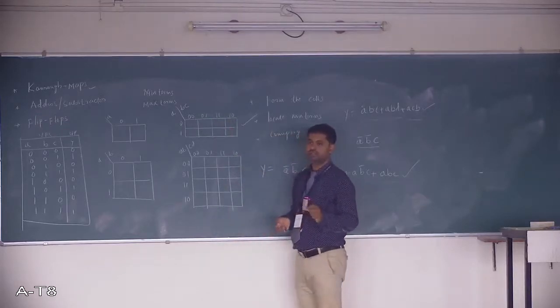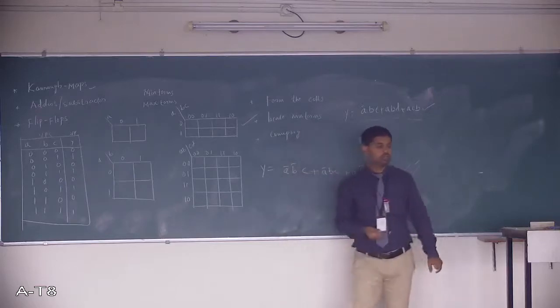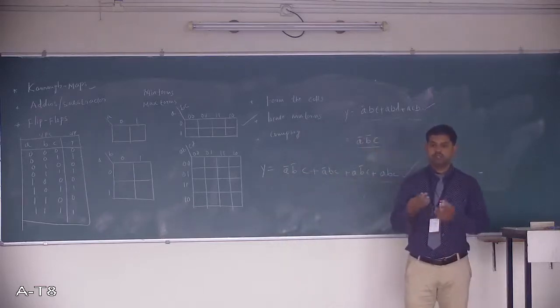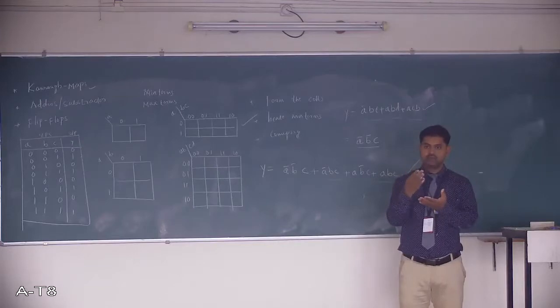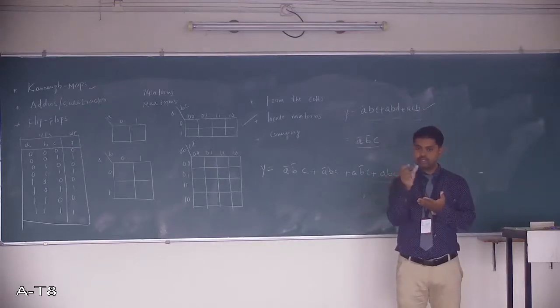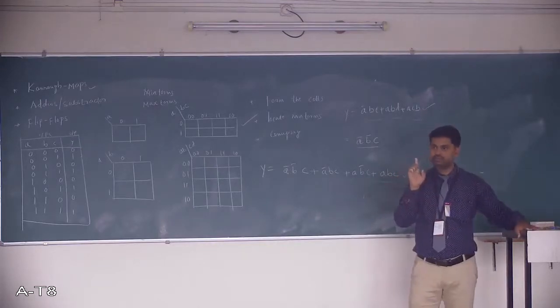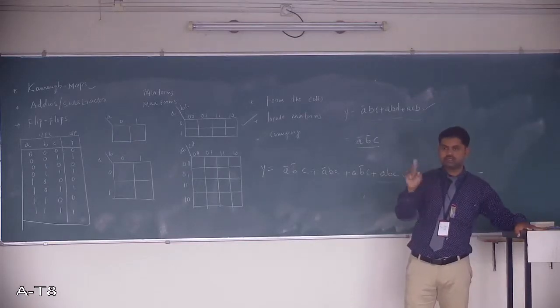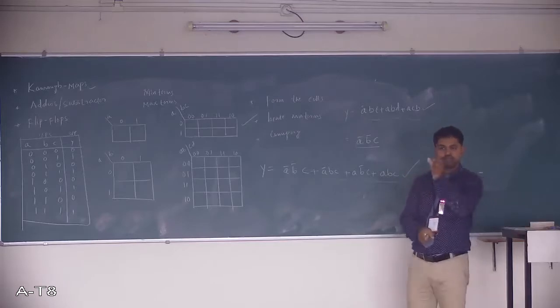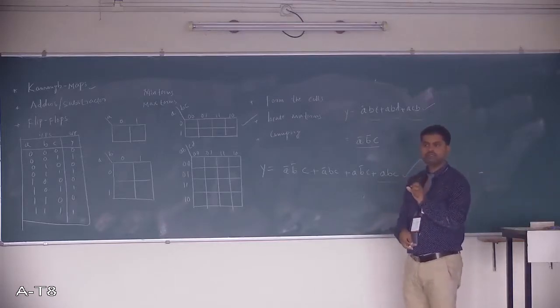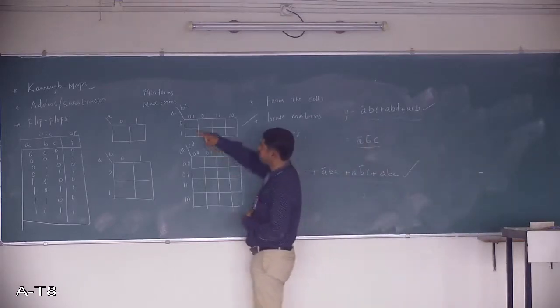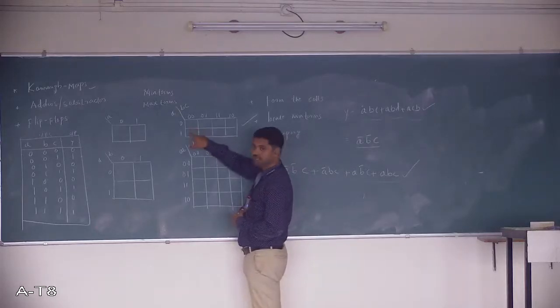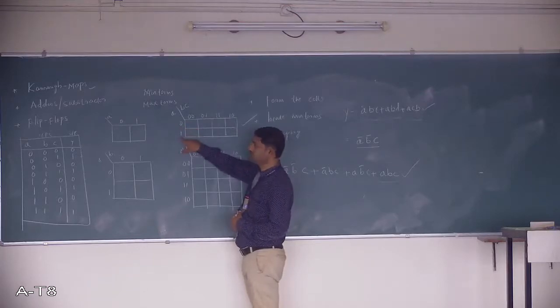Why? Because one more rule of the K-map is, if you check cells side by side, they should differ by 1 bit. See here, these two cells are side by side, and this cell is represented with 0, this cell with 1.